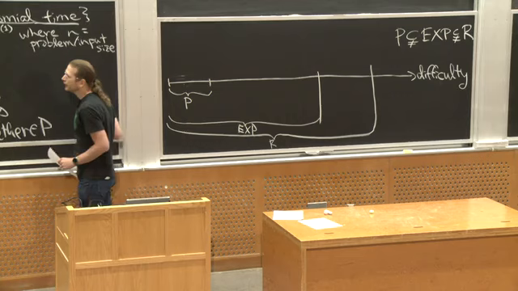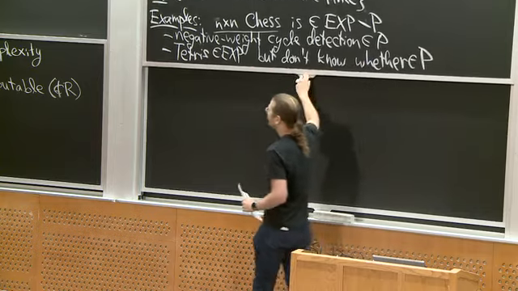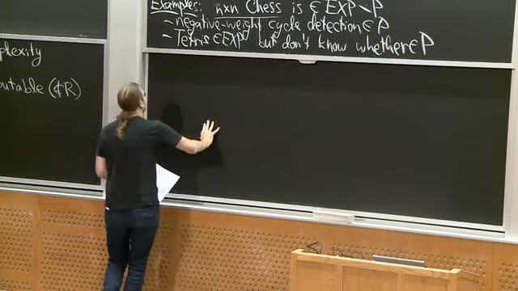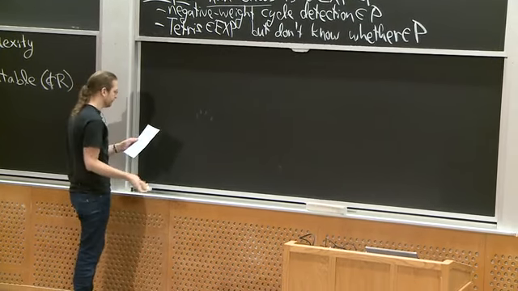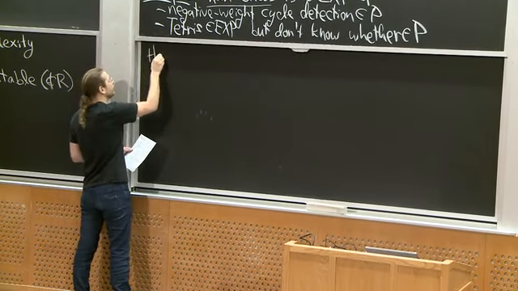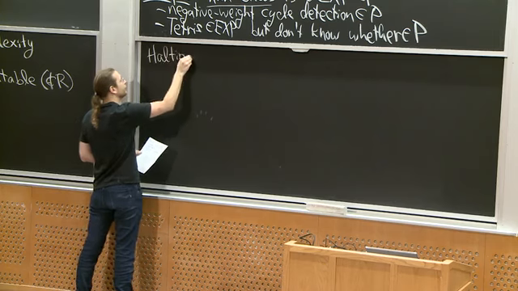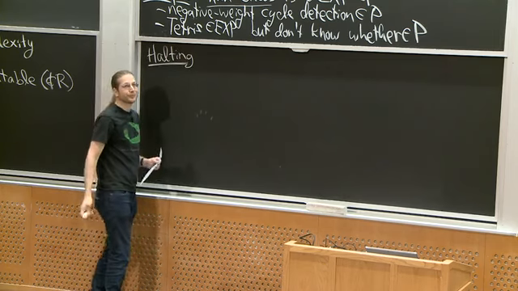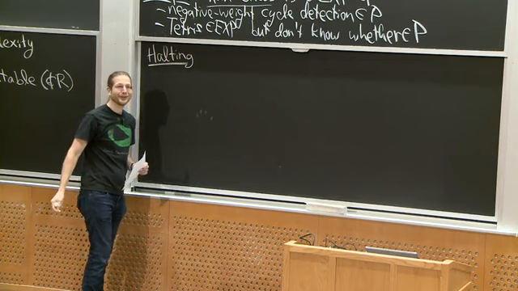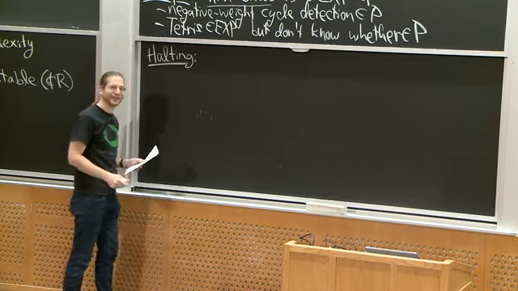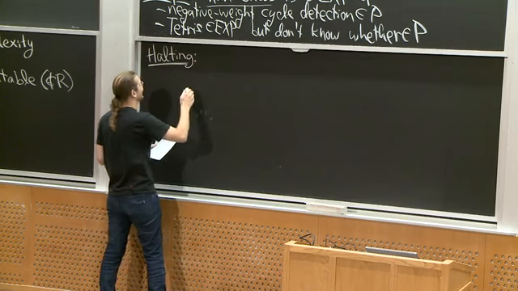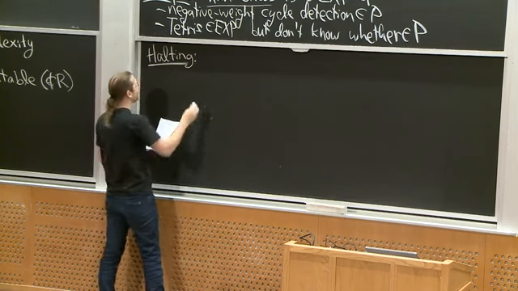So we have a nice example, we being computational complexity theory, or I guess it's usually just called theoretical computer science. If you're interested in this, you can take 6.045.